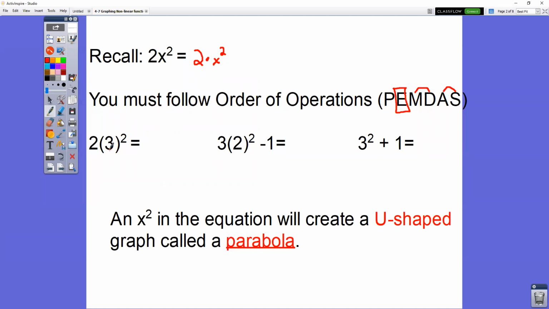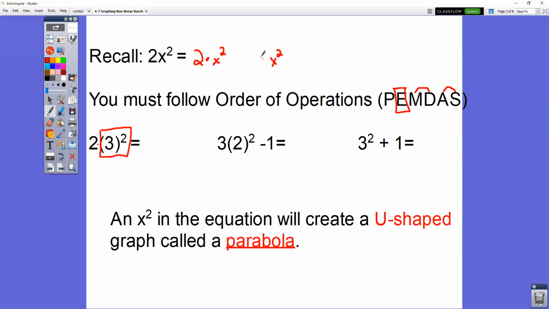In your chart or in your table, you're going to end up with calculations that you have to do like this: 2 times 3 squared. Now, we have to do the 3 squared part first. Now, it's been a while since we've used exponents. Remember that on a lot of calculators, there is an x squared button.